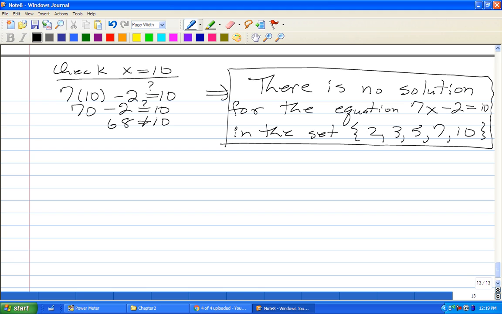Later in this course, I think in chapter 9 or 10, we'll be looking for solutions in, let's say, the complex numbers, the complex field. In other cases, we'll be looking for solutions in just a set of integers or rational numbers. But usually we'll be looking at them in the set of real numbers.